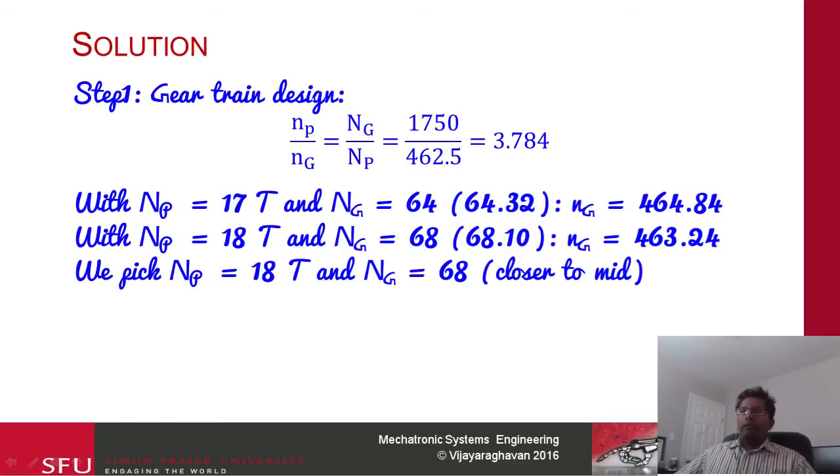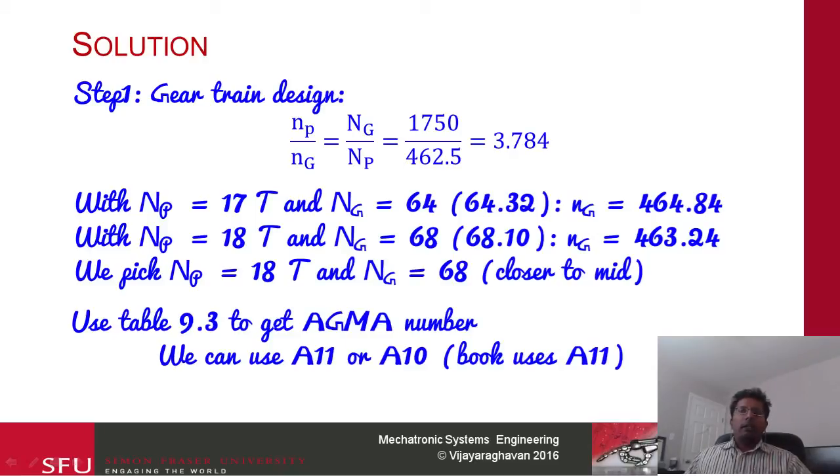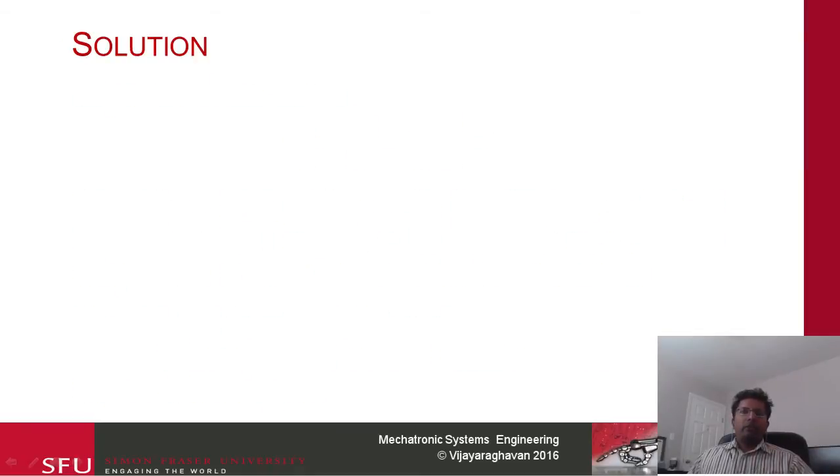We will use table 9.3 to get the AGMA numbers. This comes out to, you can use either A11 or A10. The book uses A11, but we're going to use A10. We're going to assume we're using steel gears.